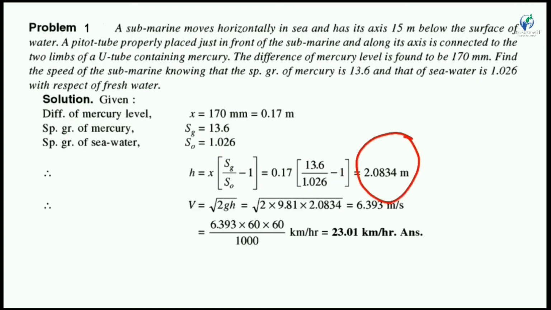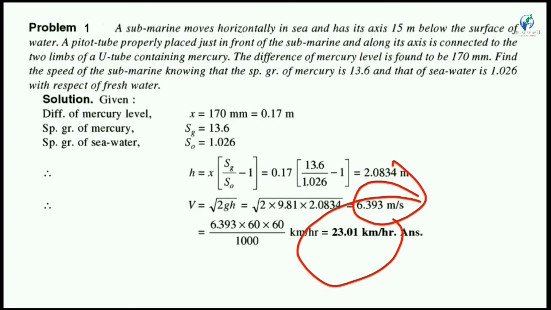So we get the value of small h, the dynamic pressure head, and put it into the equation of velocity, and we finally get the value of velocity in meters per second. We also convert it into kilometers per hour.